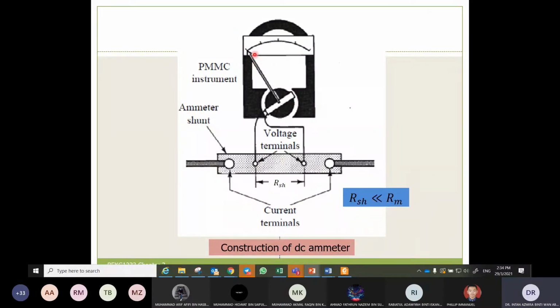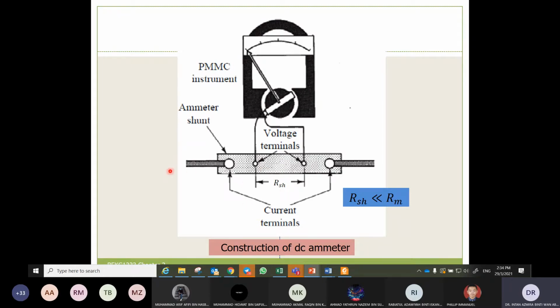This is the PMMC instrument. This is the construction of the DC ammeter. So the whole circuit is the DC ammeter. It consists of the PMMC instrument here. This is R shunt, connected in parallel with the PMMC instrument.